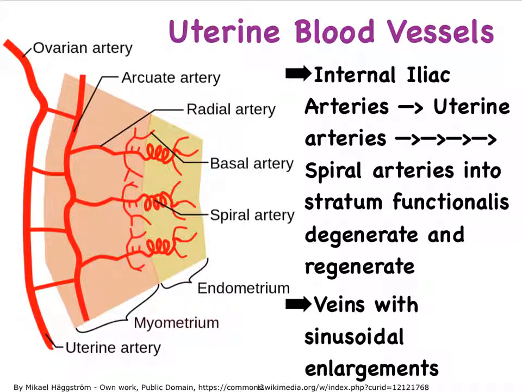And it is these spiral arteries that are formed and break down and formed and break down, or regenerate and degenerate as we build up and break down the stratum functionalis layer of the endometrium. Of course, in addition to arteries, we need to also have veins that drain this whole area, and the veins have sinusoidal enlargements, very characteristic of the uterus wall as well.